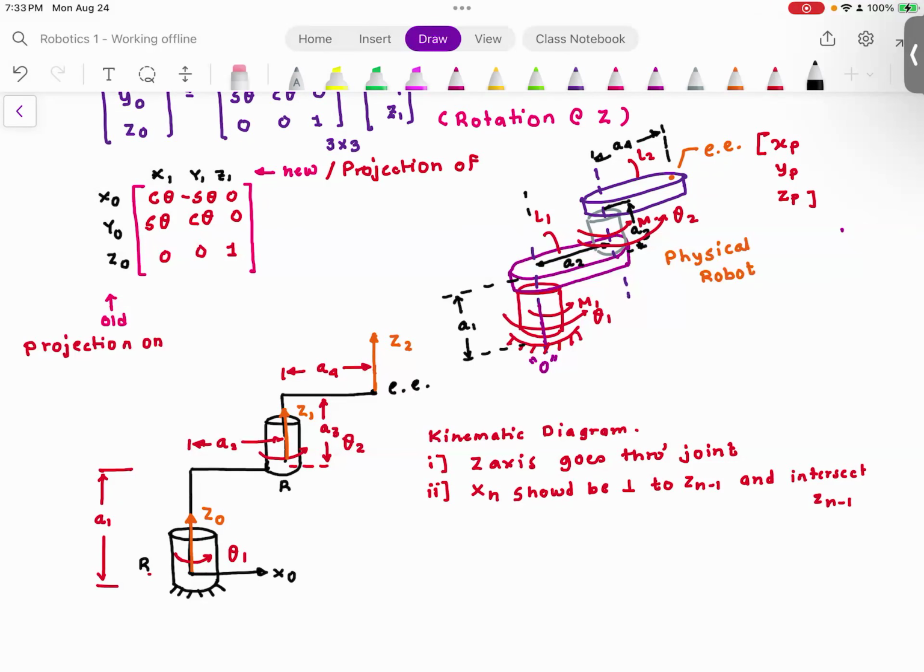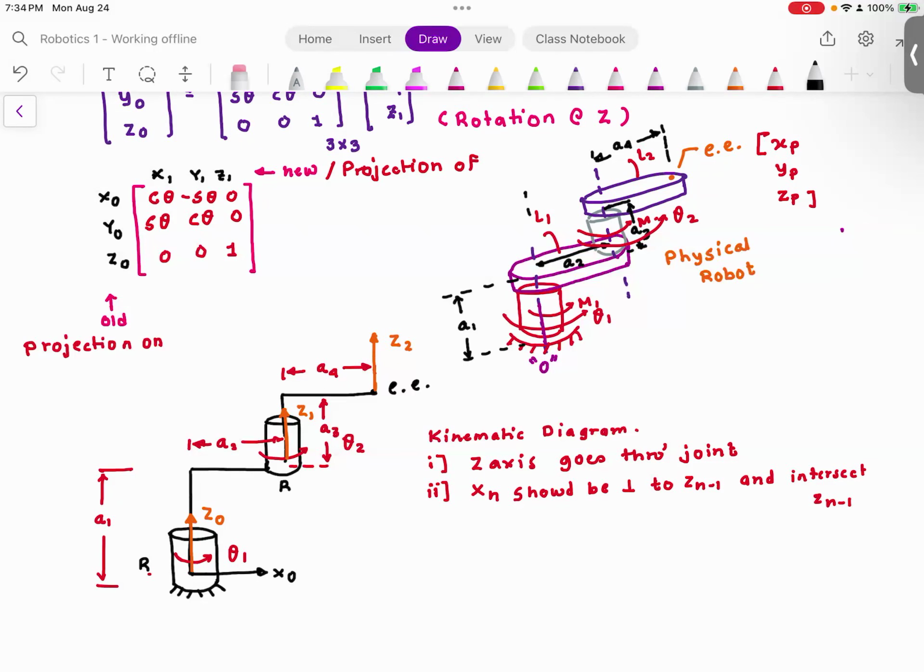That's totally fine. Why does the X0 direction not matter? Because there is no Z minus 1. You agree with me? Xn means X0 should be perpendicular to Z minus 1 and intersect Z minus 1. Everyone understood that? X0 does not have any Z minus 1, so we don't have to worry about it.